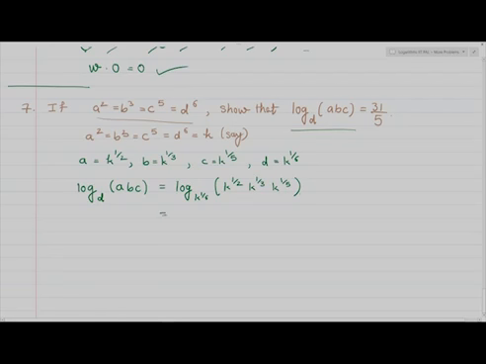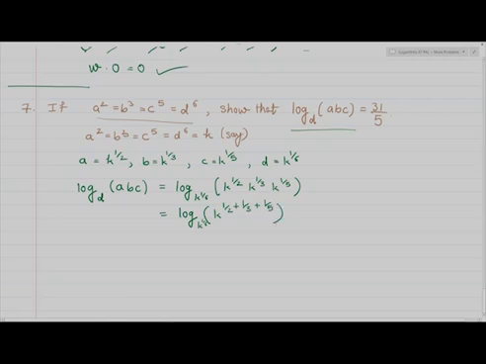So this is equal to log to the base k raised to 1 by 6 of k raised to half plus 1 by 3 plus 1 by 5.